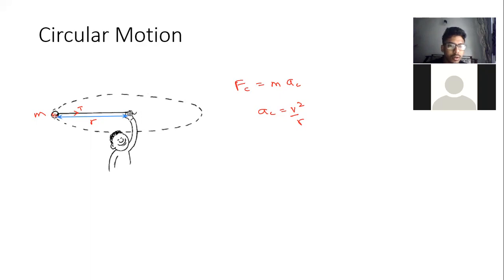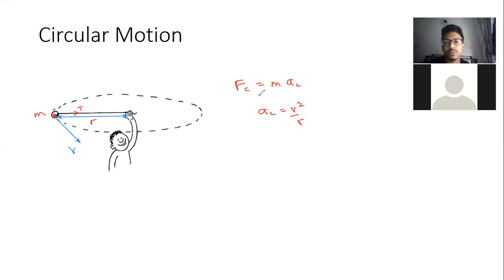So I can mark something like that, where v is the tangential velocity.